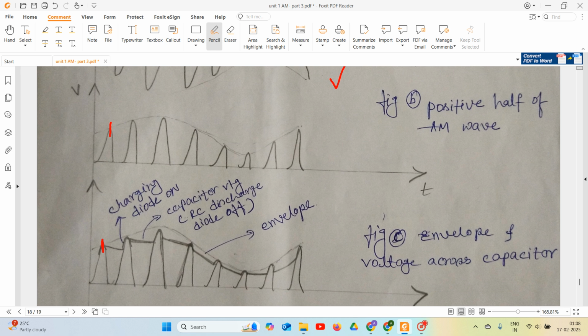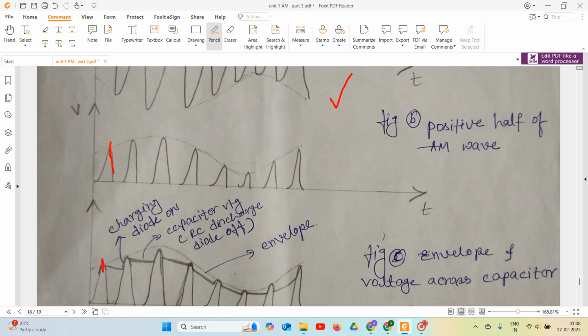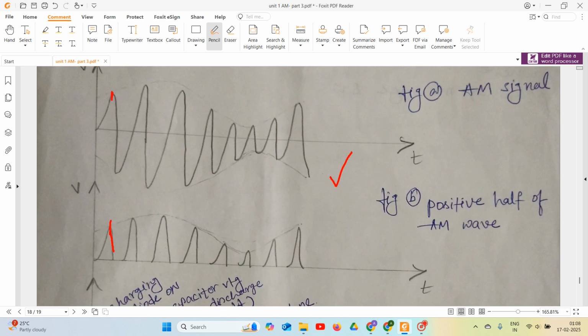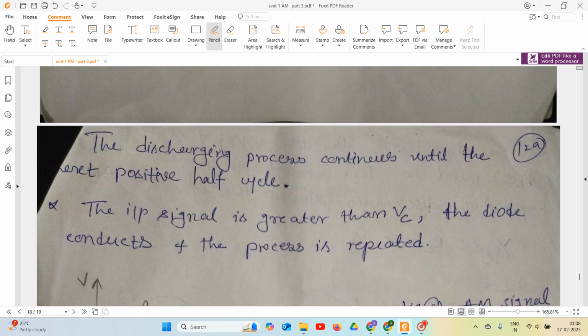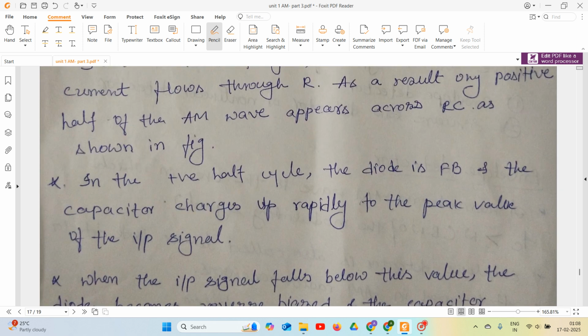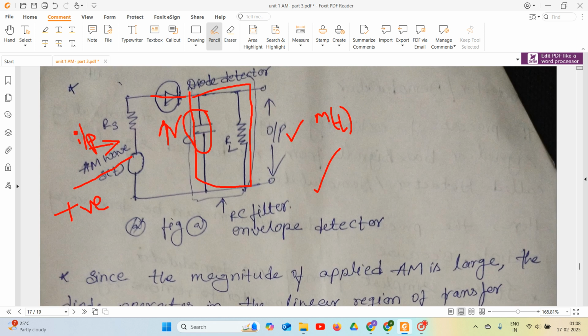So what happens when the input signal decreases? When the input signal decreases, the diode slowly becomes reverse biased, and the capacitor becomes open circuit.